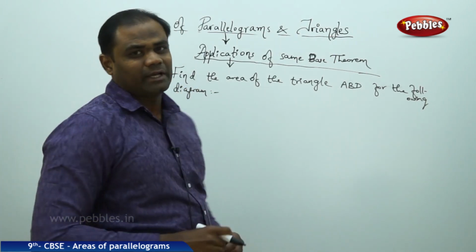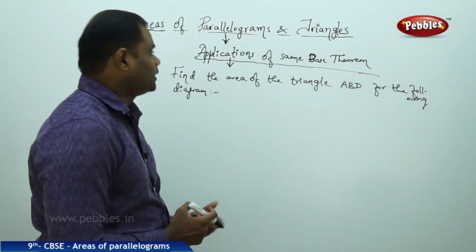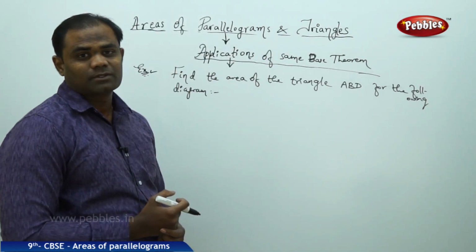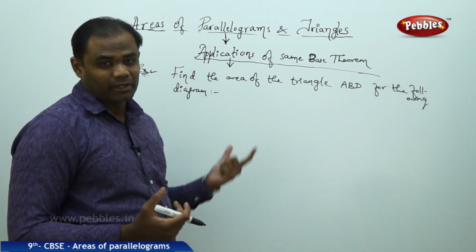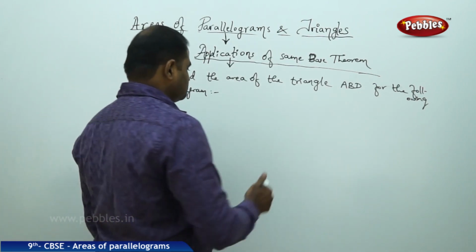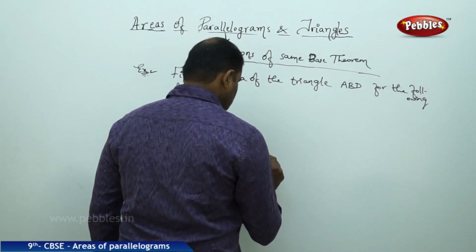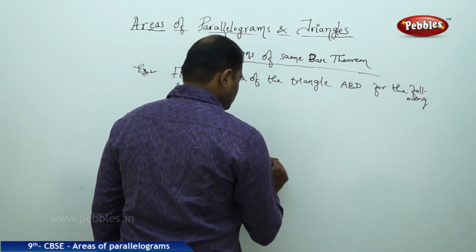So here I have a diagram in which I have to find the area of triangle ABD. So let's see how we can find the area for the given problem. So here I have a diagram.